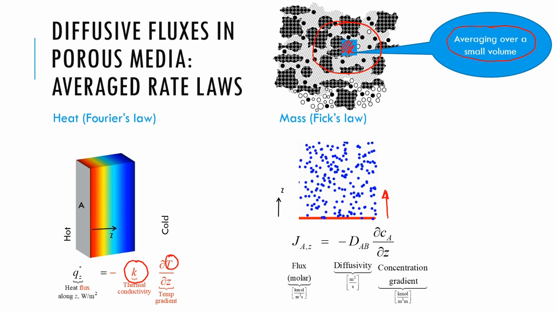And in the same analogous way, diffusivity, if it is molecular diffusion, is of course through the pores, but it's averaged over a representative elementary volume. If we are talking capillary diffusion, the same idea. And then the concentration, whatever concentration we're talking about, is also averaged over a representative elementary volume.